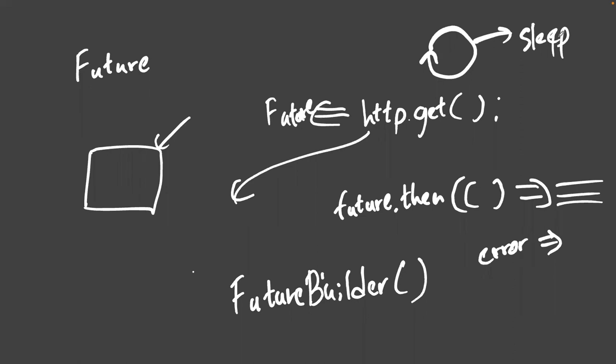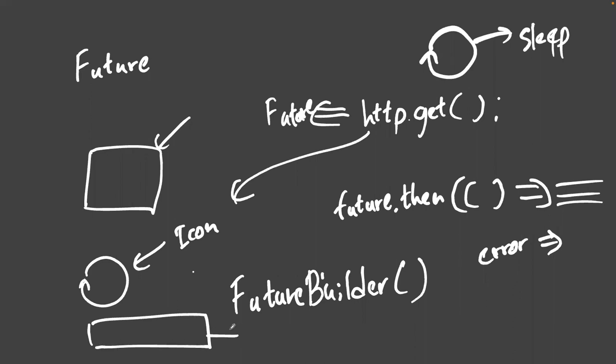What we are going to do is have two things. Until it is loading, you show this, which can be an icon. Then after the data comes, you can show something like this, which can be a text, from a FutureBuilder. So that's the point.